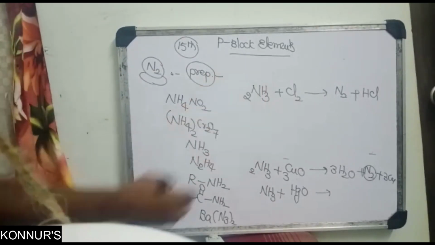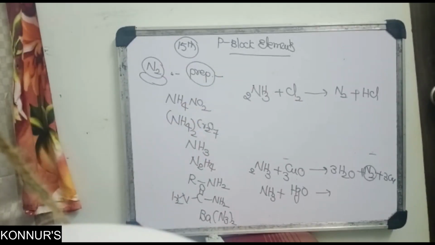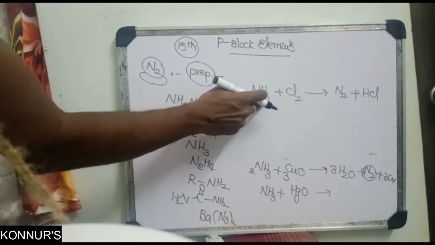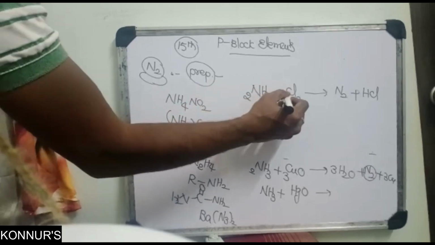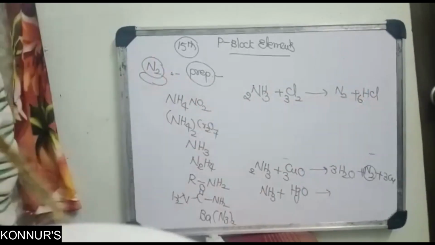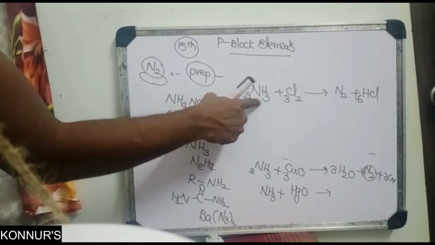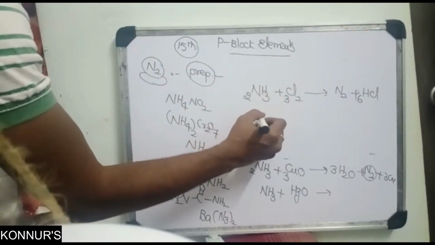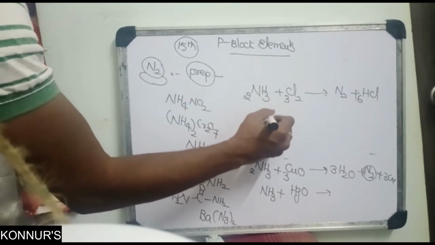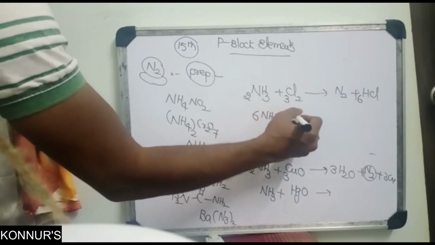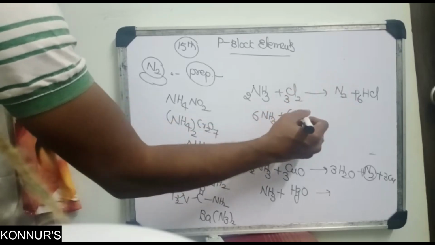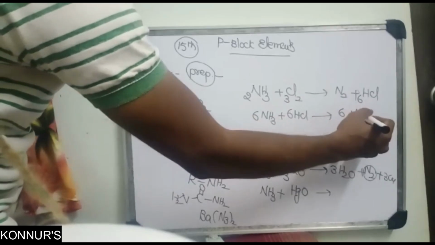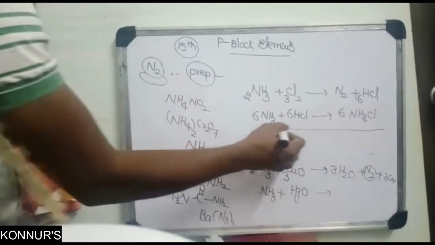Suppose you take 2 NH3. Nitrogen gas is coming, with 3 hydrogens, 3 to the 6. Six means here you take 6 HCl. Ammonia is a base, HCl is an acid, so the product reacts again. You get 6 NH3 plus 6 HCl, base plus acid, giving salt, 6 NH4Cl.